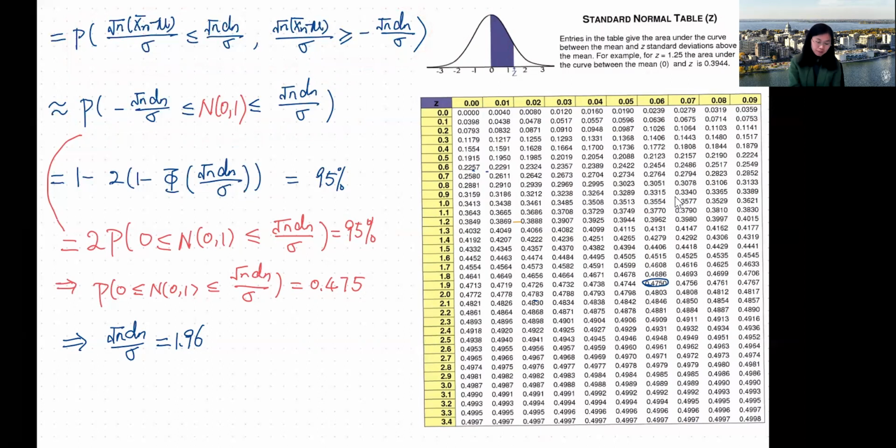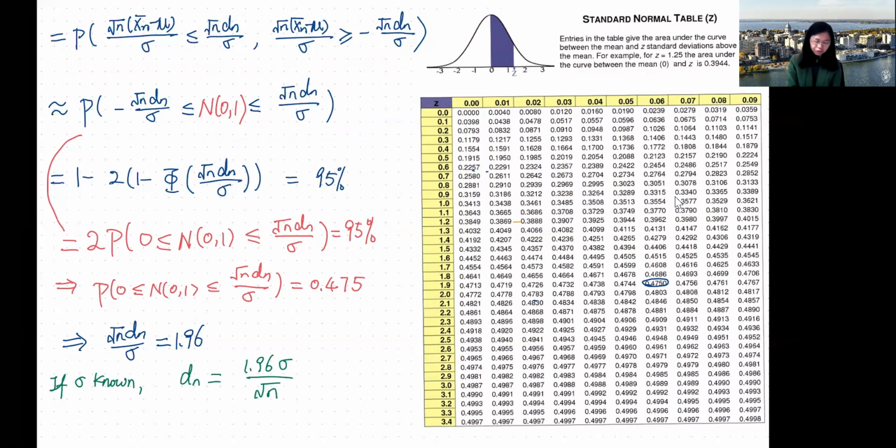So if sigma is known, then we can figure out Dn very easily. Dn will just be 1.96 times sigma divided by the square root of the sample size.